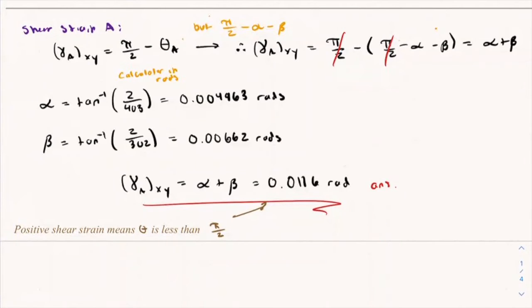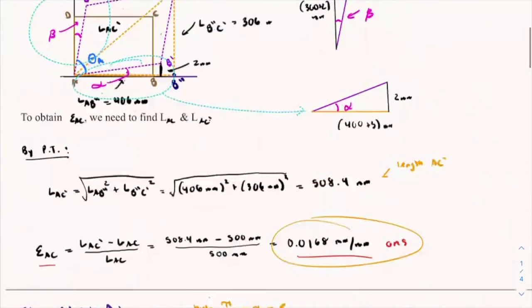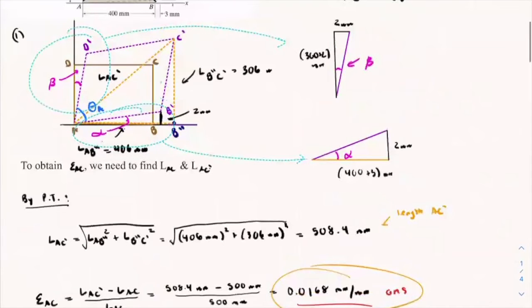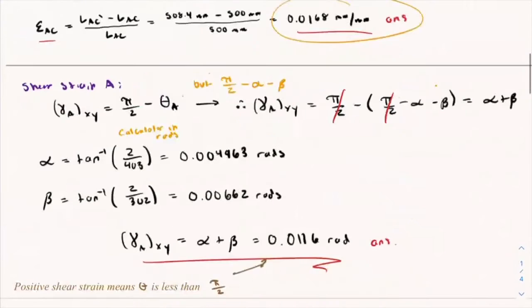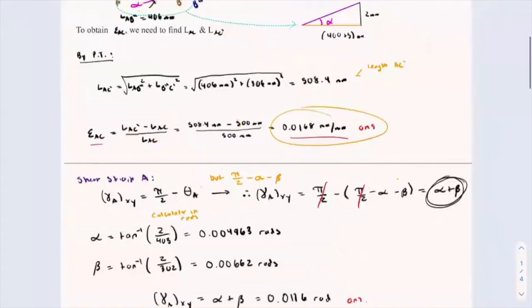Okay, now for shear strain at A, we use the equation for shear strain, which is pi over 2 minus theta. But we know that theta is pi over 2 minus alpha minus beta based on this figure. If we equate those two equations, we know that the pi over 2's cancel, and we're left with alpha plus beta. Now we have to find alpha first.